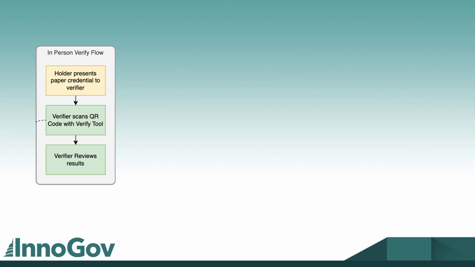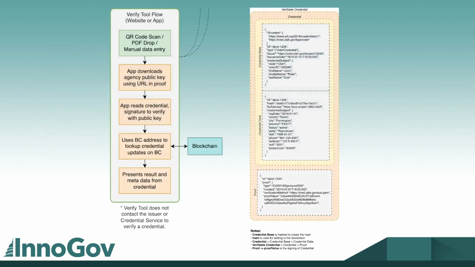Okay, so let's look at what that process of actually verifying that credential looks like here. So we start off, same thing, whether it's the file or scan the QR code, we're getting the same set of information.